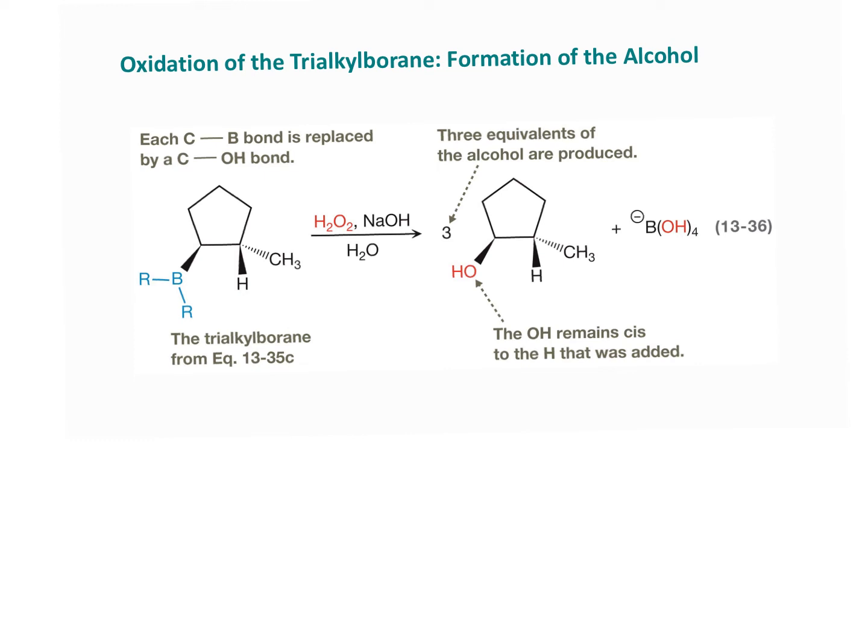Okay, so because we had 3 of these attached, we end up with a 3 here, right? So 3 equivalents of this are produced. And the configuration at each carbon atom remains unchanged. So if it's a dash or wedge here, it's going to be a dash or wedge here, okay?